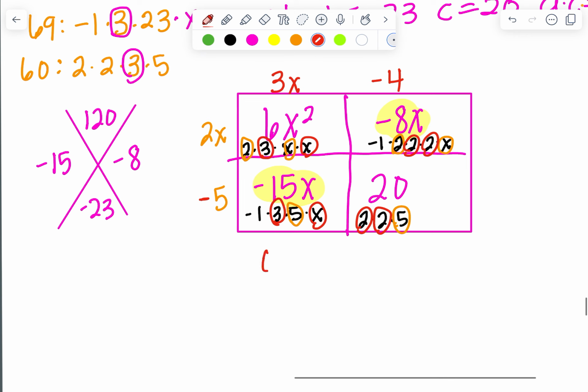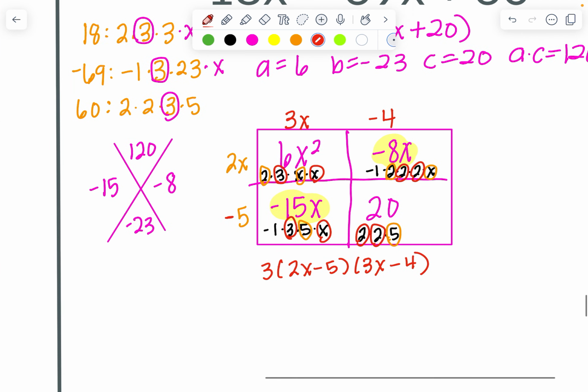So my final answer then, 2x minus 5, 3x minus 4. And then I still, of course, have the 3 on the outside that we took out as a GCF to begin with.